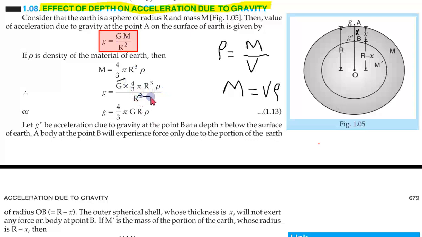So r square and r cube can cancel, so I only have r, and I get this one. This is g in terms of density, not in terms of mass. Here is in terms of mass, and here is in terms of density. This is for point A, that means at the surface.